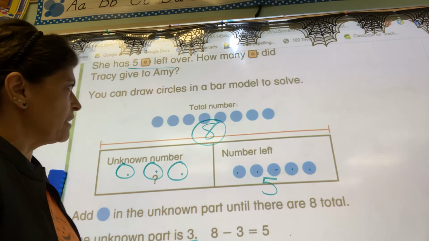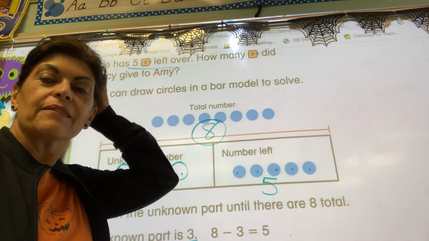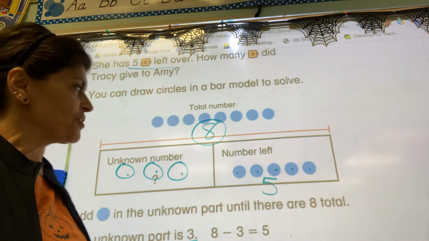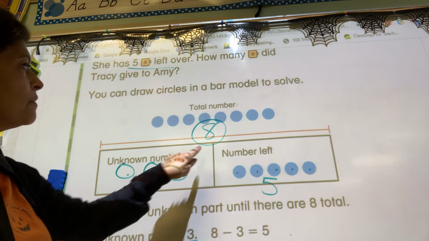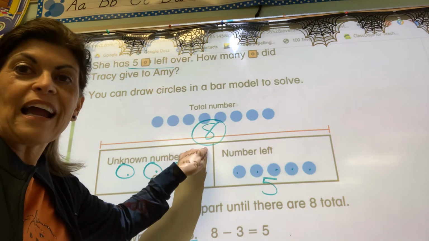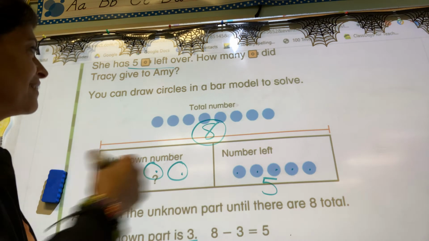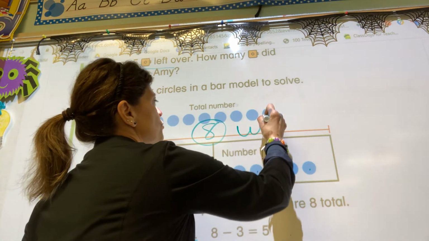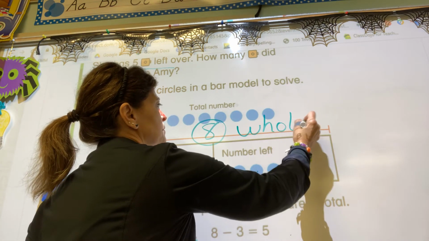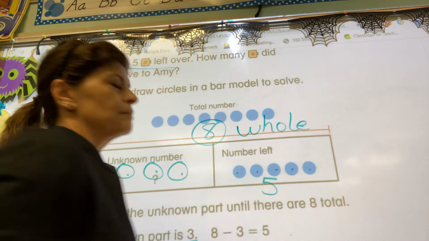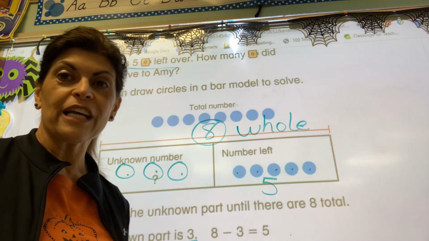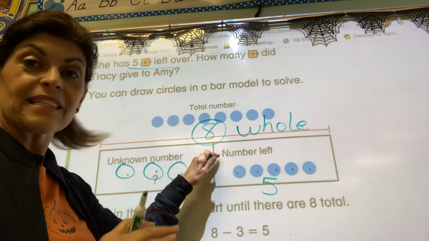Think back to our lesson that we had the other day, and some of this was even on your progress check yesterday. What do we call the biggest number at the top? This is your whole number. The biggest number in your subtraction equation is always at the top.